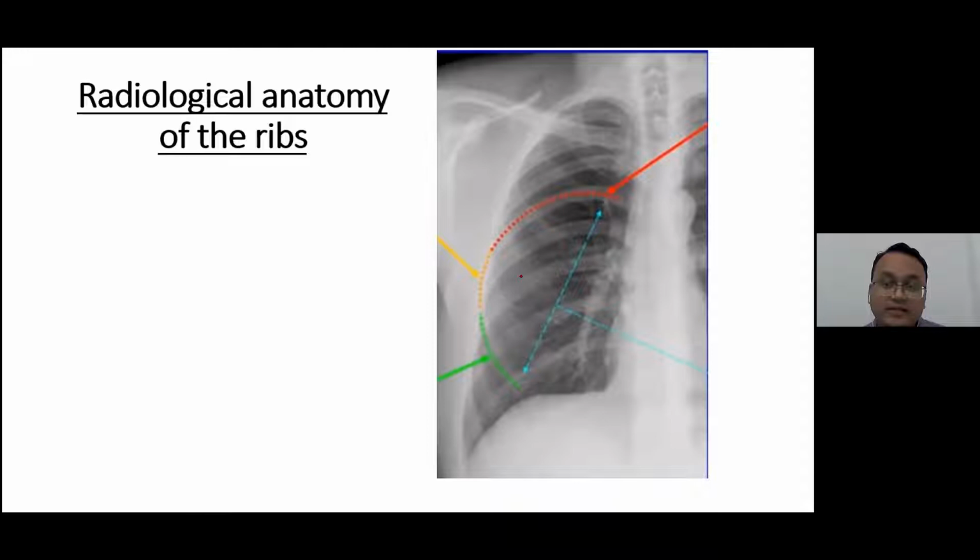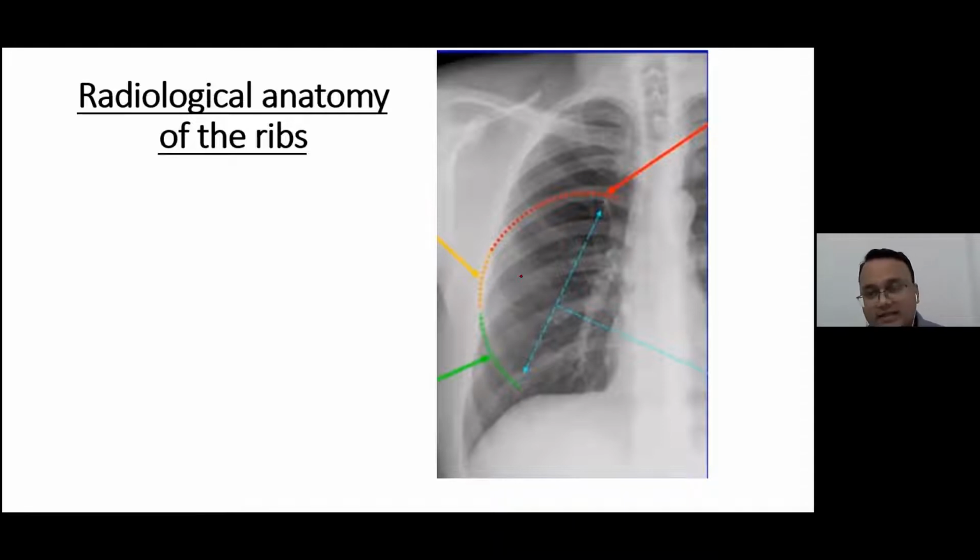This is typically important in the case of trauma, where you suspect a patient may have trauma to the chest, for example a rib fracture, and also in children, if you suspect non-accidental injuries and so on. These are the things that we look for.